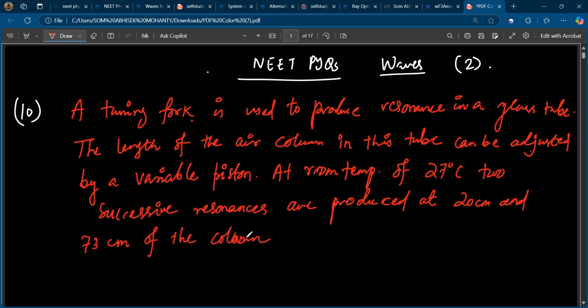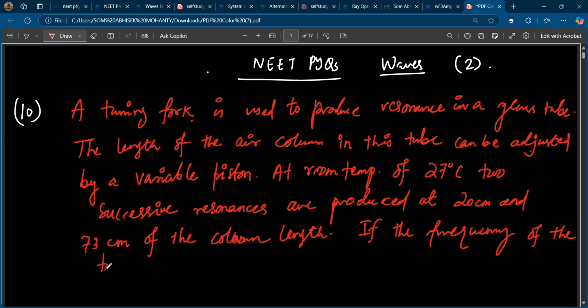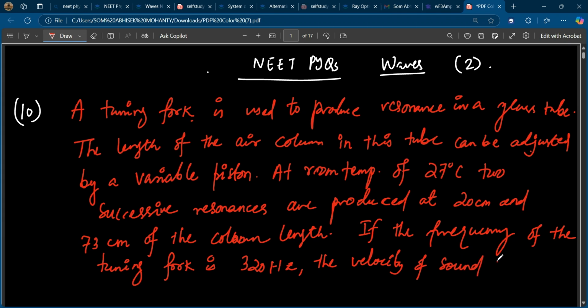If the frequency of the tuning fork is 320 hertz, the velocity of sound in air at 27 degrees Celsius is.